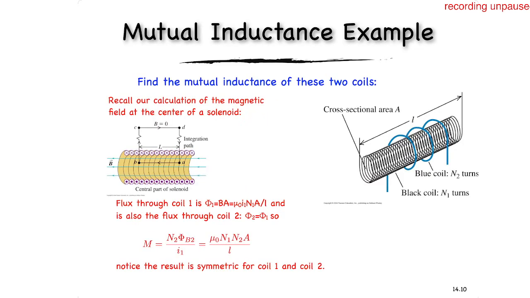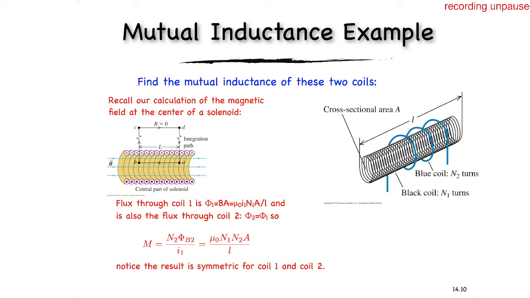So let's see an example of how this works. Let's consider 2 solenoids. This black one here has N1 total turns and has a length of little l. And then this blue one wraps around it and has N2 total turns. And we want to find the mutual inductance between these 2 circuits.